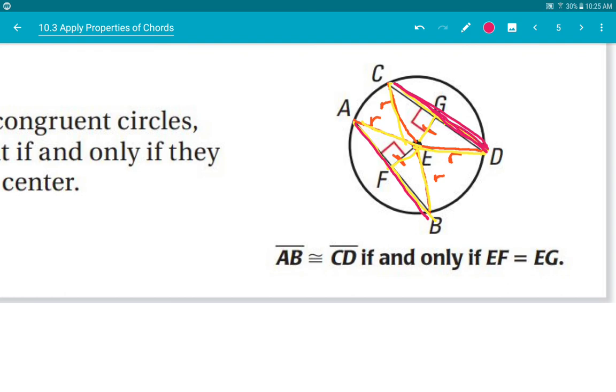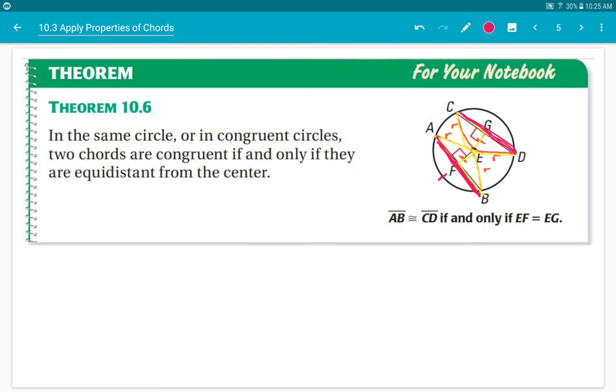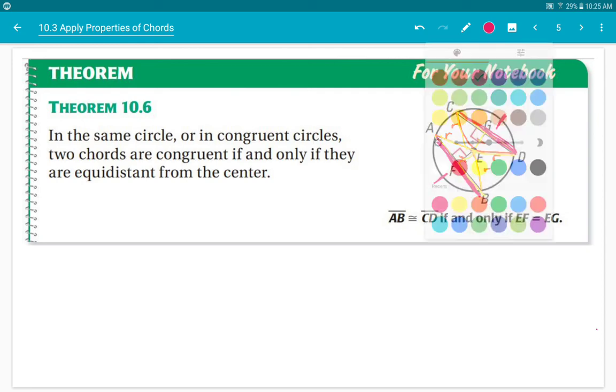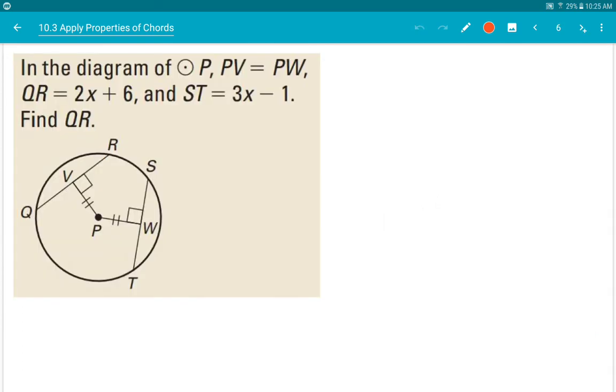So that was the goal of the theorem, to show that the two chords are congruent. Now, if those two chords are congruent, then what do we also know about the arcs? These arcs are also going to be congruent. So a lot of powerful things are done just because we draw the radius. It's a very important theme that the radii within the same circle or congruent circles are always going to be congruent.